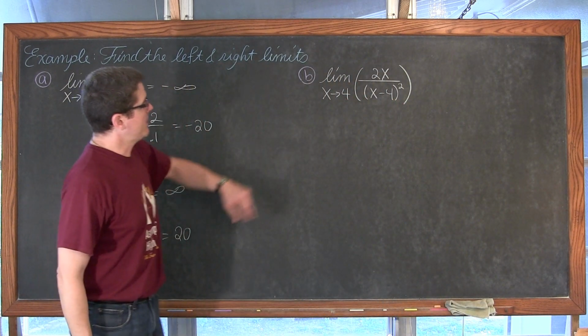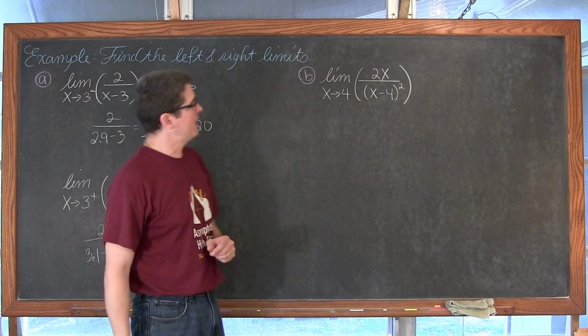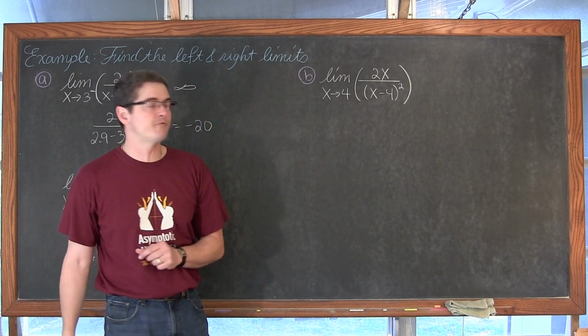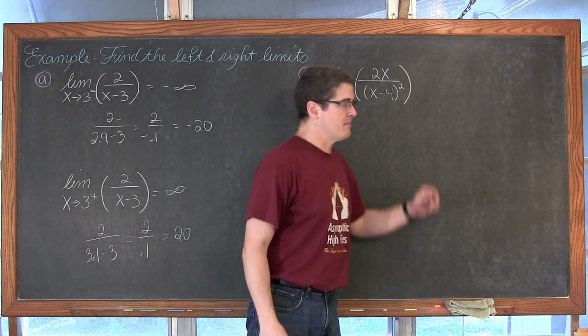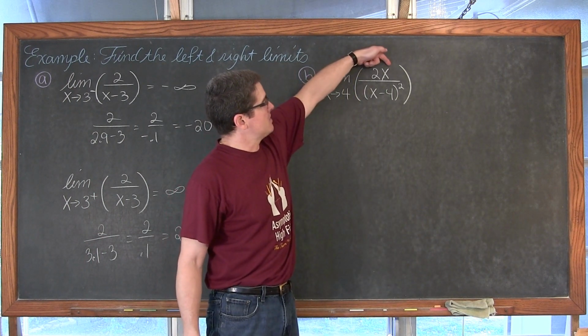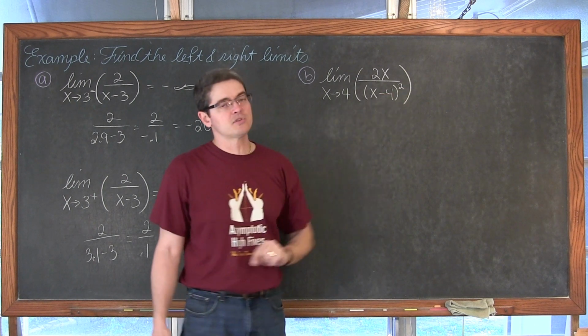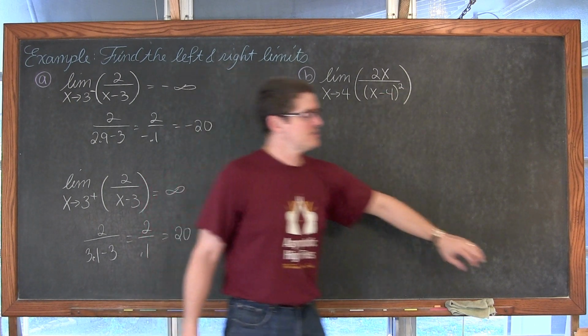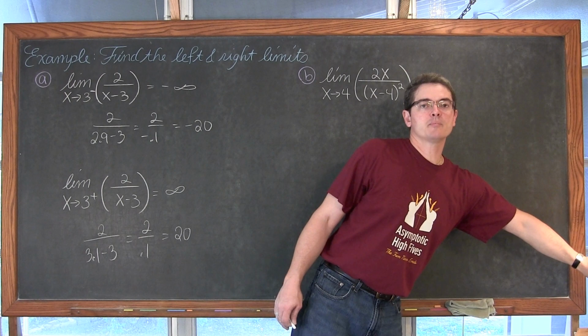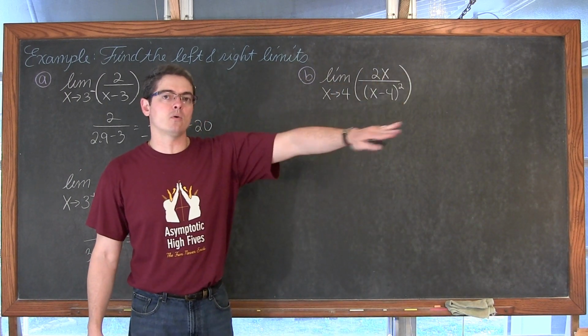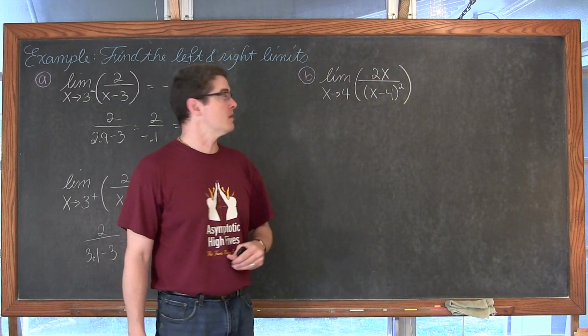Over here, we have the limit as x approaches 4 of 2x over (x minus 4) squared. With the same idea, the numerator has a degree of 1 and the denominator has a degree of 2, so our denominator has a larger degree compared to the numerator. So we are again going to have a horizontal asymptote of y equals 0.